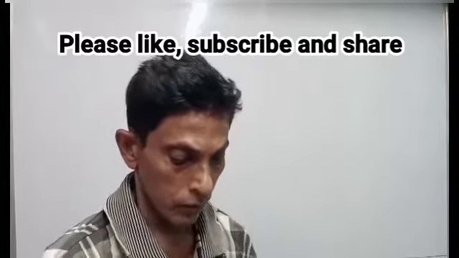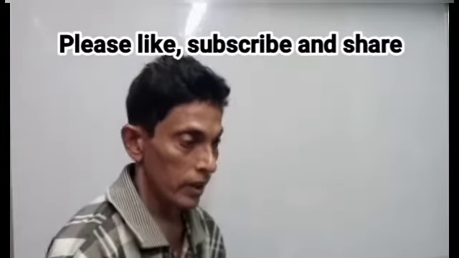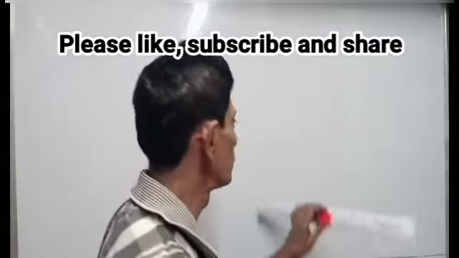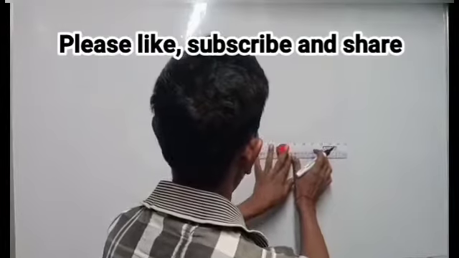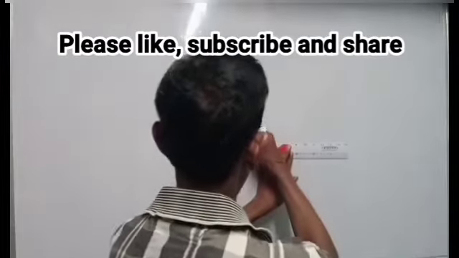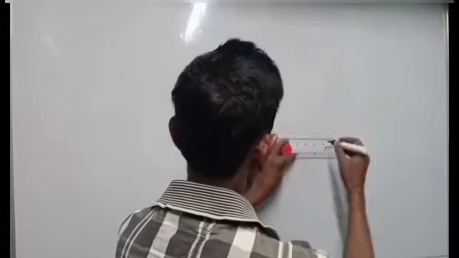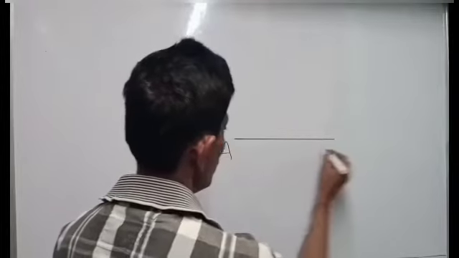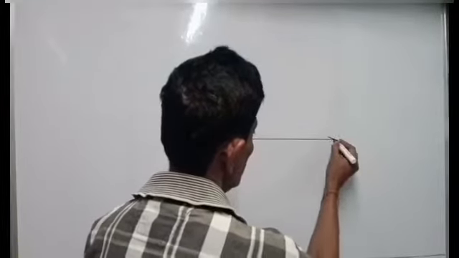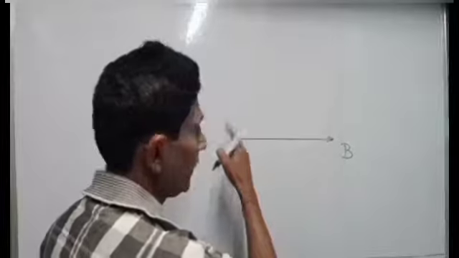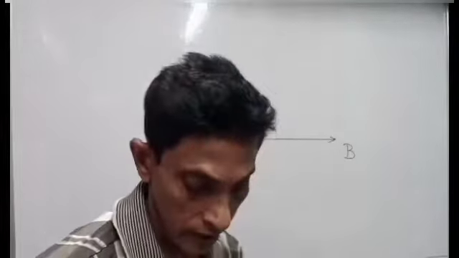And now I will draw a 45-degree angle. First I am taking a ray AB. At A, I have to draw a right angle at first.